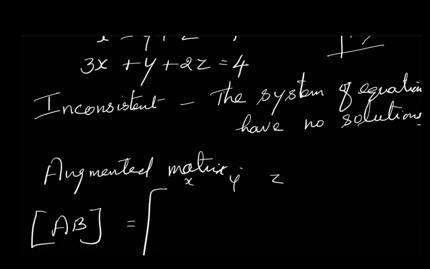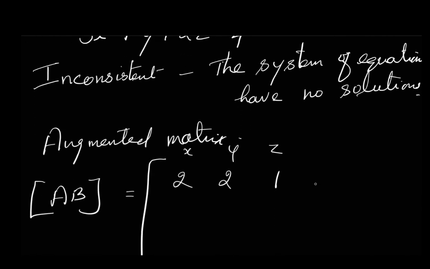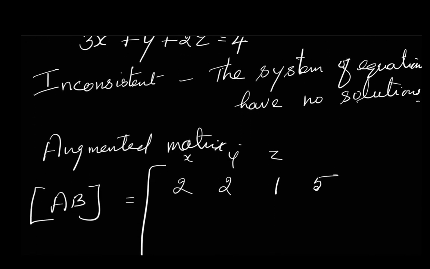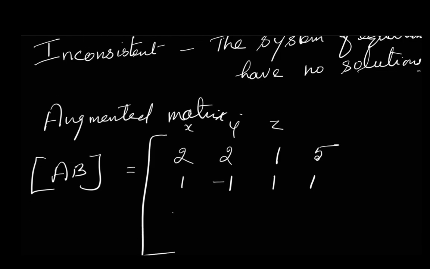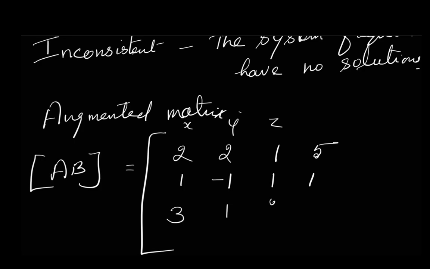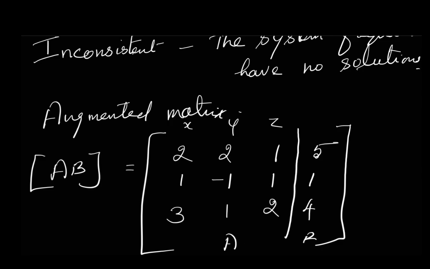In the first equation, x coefficient 2, y coefficient 2, z coefficient 1 and the constant is 5. In the second equation, x coefficient is 1, y coefficient is minus 1, 1, 1. Third equation, 3, 1, 2, 4. So this is your augmented matrix. This is matrix A and this is matrix B.